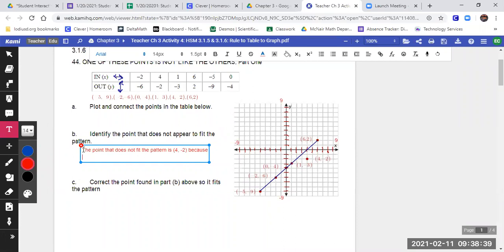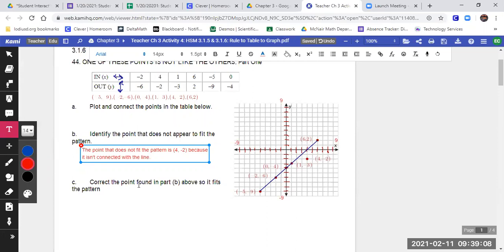It's not on the line, it's not connected with the line. Remember, that line is what's showing us the pattern, and it didn't land on the pattern. It isn't on the line, it's not connected with the line, anything kind of like that.